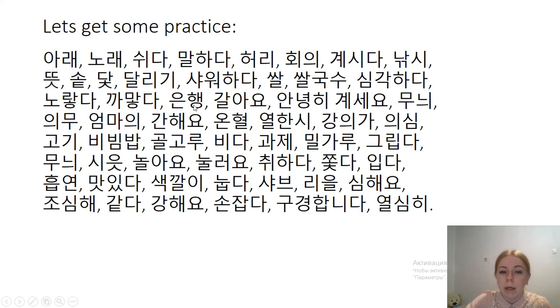We say 은행. 갈아요. 안녕히 계세요, 안녕히 without h. 문의, 의무. 엄마의, 엄마 is mom, and 엄마의 here is a grammatical aspect. 가네요. 온열. N and h, we don't read h.